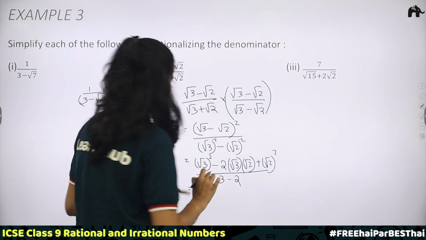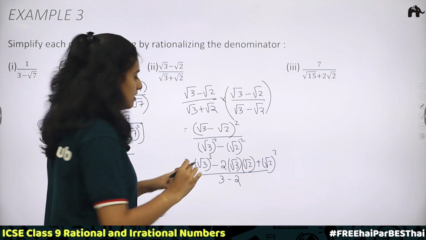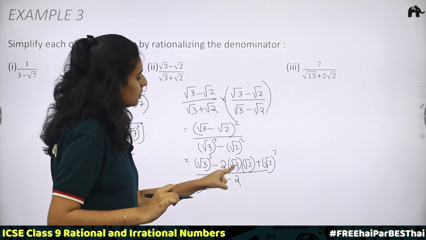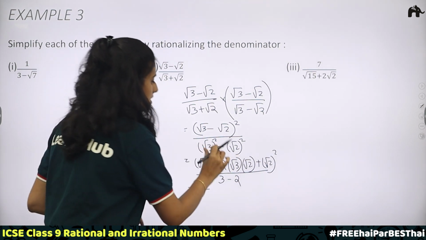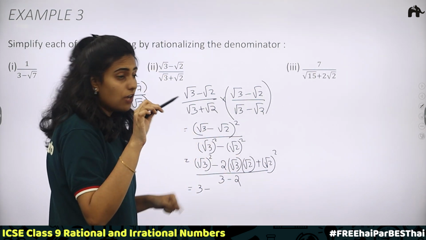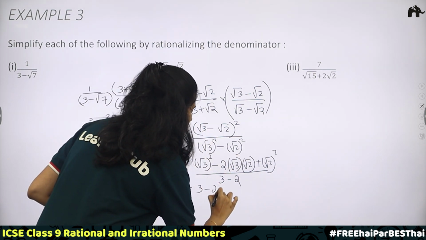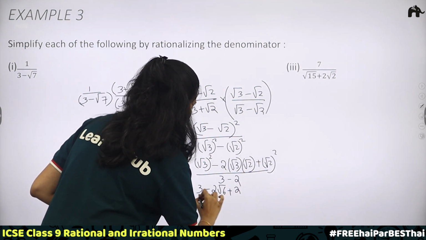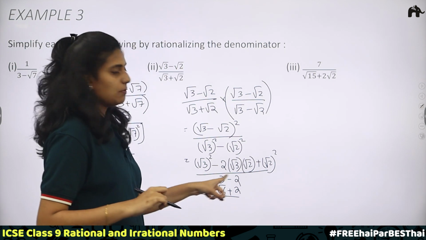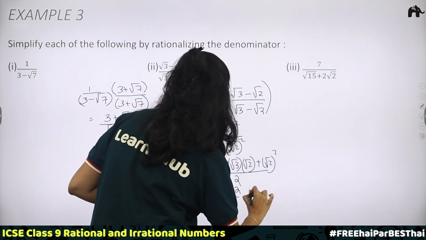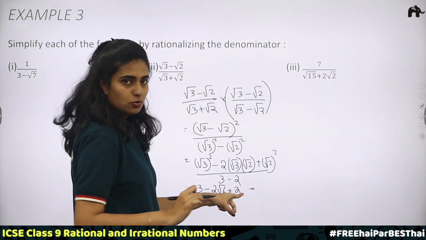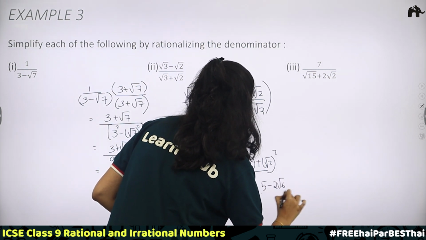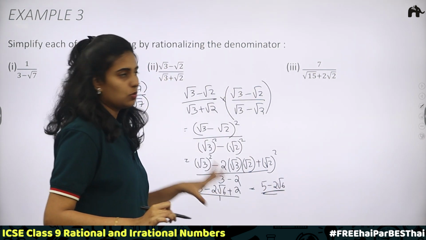Okay, that is equal to root 3 square, we get 3 minus 2 into root 3 into root 2. That is 2 into root of 3 into 2, which is 2 root 6, plus root 2 square is 2, divided by 1. Okay, 3 minus 2 is 1. So finally you will be getting 3 plus 2, which is 5 minus 2 root 6. Okay, 5 minus 2 root 6.